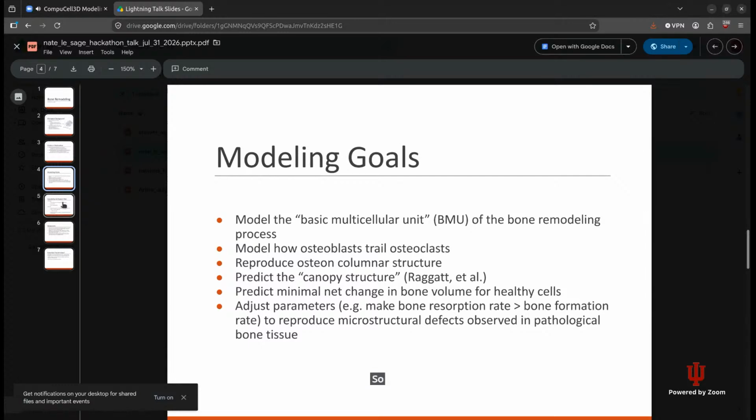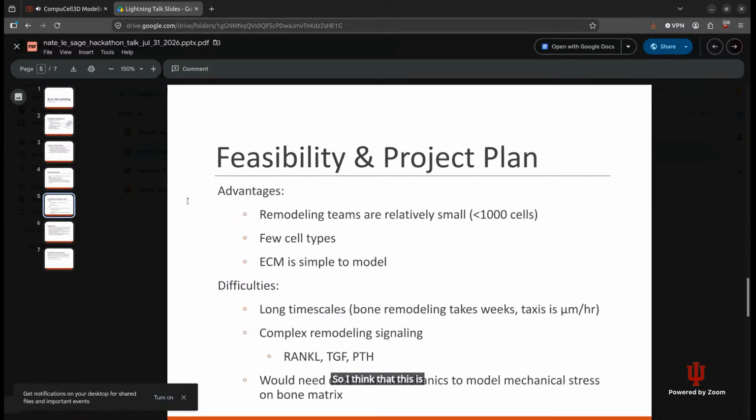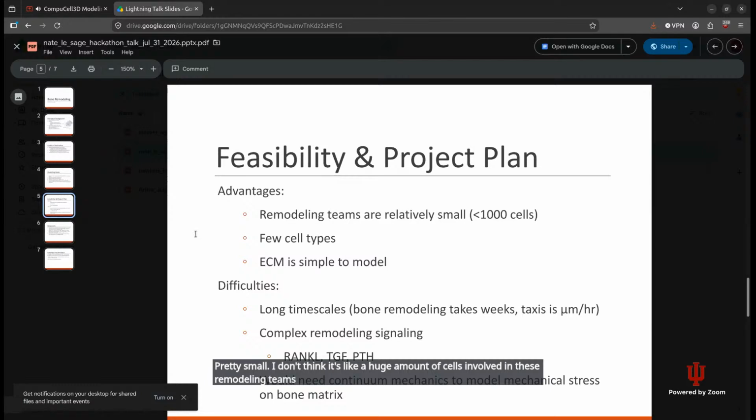So I think that this is probably pretty feasible to do. I think it's something that is feasible within a weekend, because the cells that are involved are pretty small. I don't think it's a huge amount of cells involved in these remodeling teams. The cell types, there's not many of them.